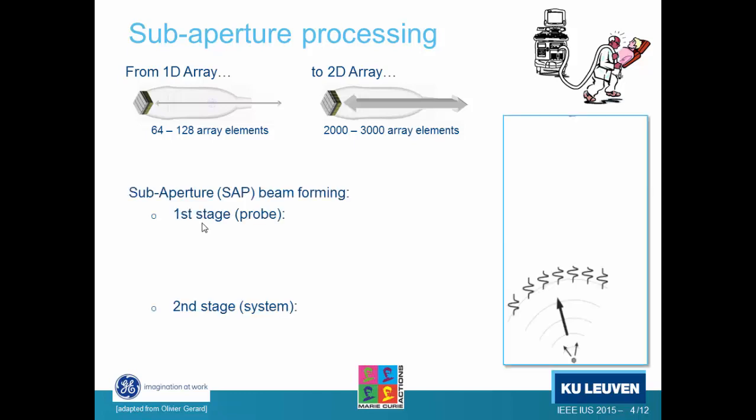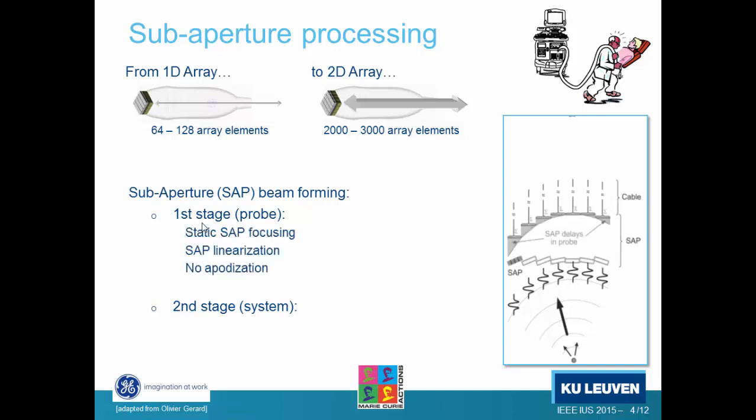So what the clinical systems use is sub-aperture beamforming, which is a two-stage beamformer split between the probe and the system. And the way it works is that the incoming echoes are pre-beamformed for a set of neighboring elements called a sub-aperture. So they are steered according to a given focal point, and then they are summed into a single channel.